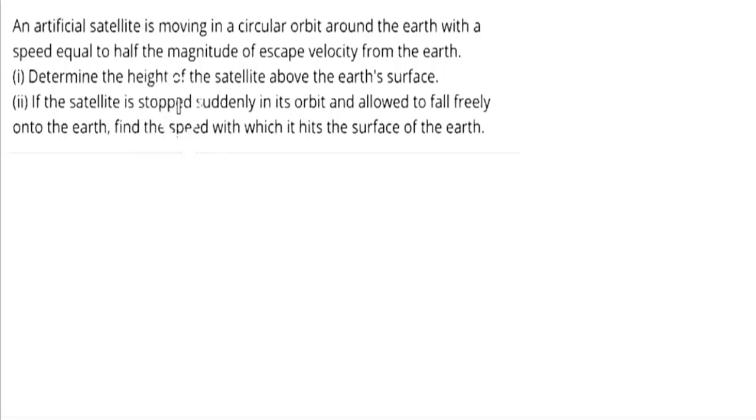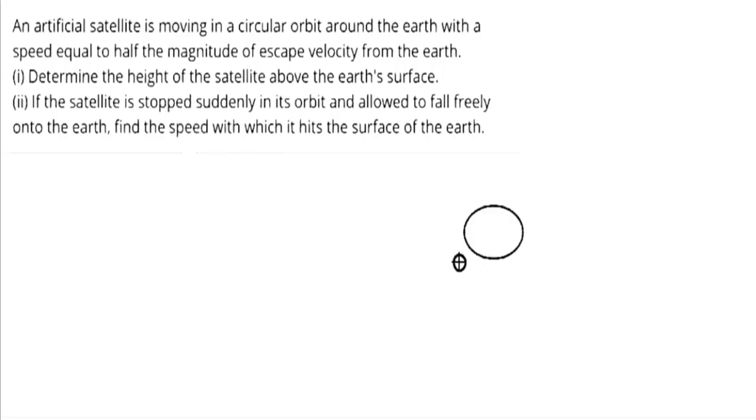So here we have to find the speed with which it hits the surface when it is stopped, and the height of the satellite above the Earth's surface. So now let us try to understand with the help of a diagram here.